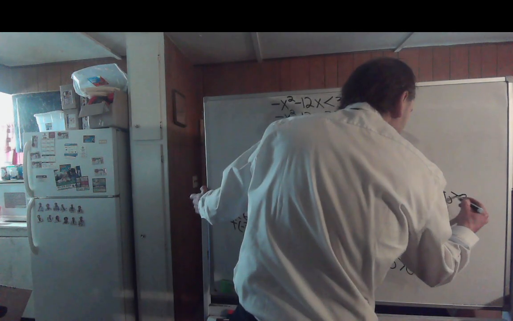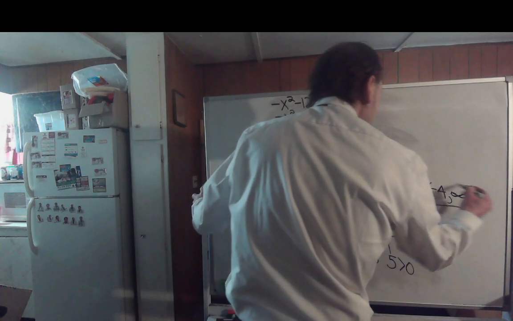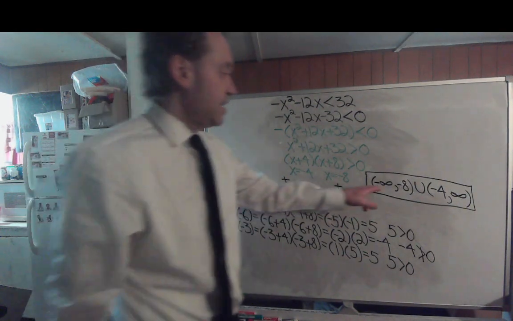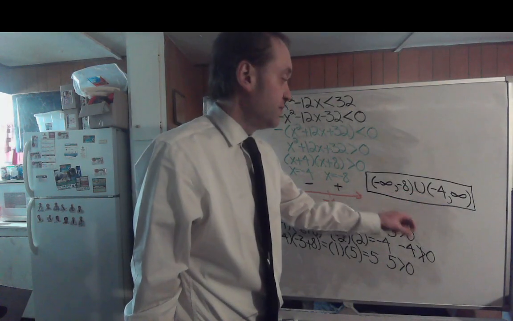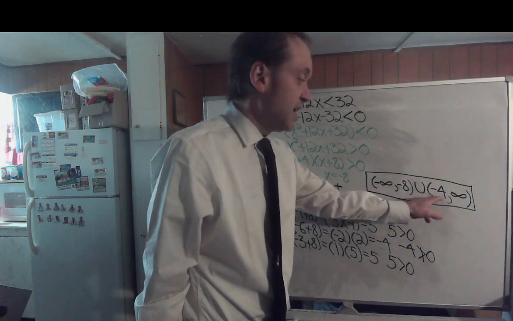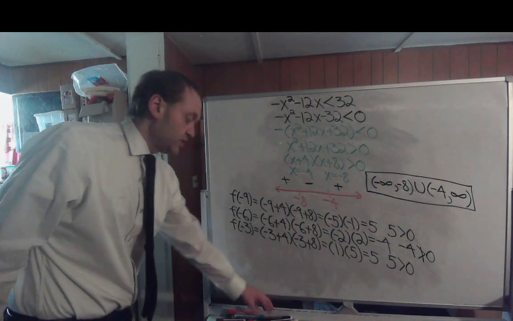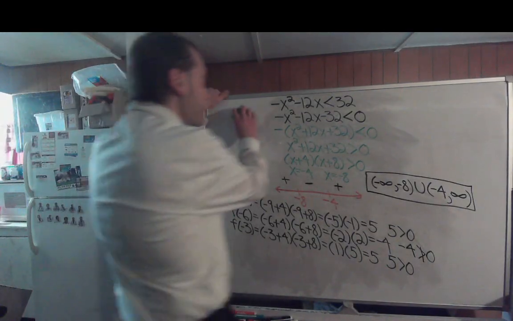That denotes the two sets of numbers that are the solution. So negative infinity to negative 8 non-inclusive, in union with negative 4 non-inclusive to infinity, would be the solution to this inequality.